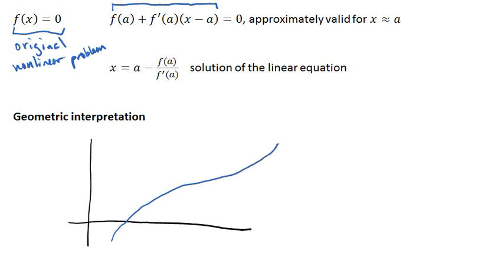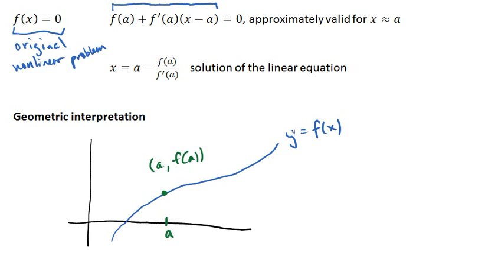Let's say we have a value of a here. This point on the curve is the point (a, f(a)). I should write that this curve is y equals f(x), the original function.